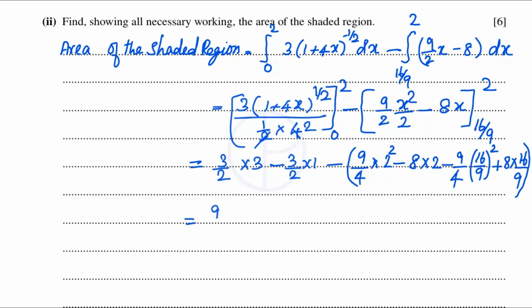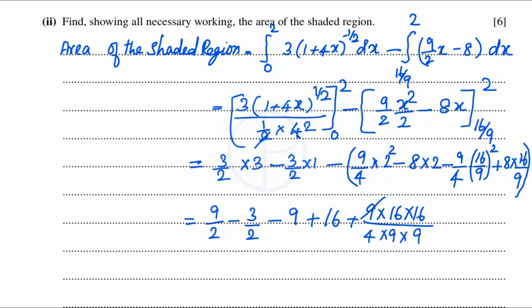So this is nothing but 9 over 2 minus 3 over 2 minus this 4 and 2 over 2 gets cancelled. So 9 plus 16 plus 9 and 9 multiplied by 16 multiplied by 16 divided by 4 multiplied by 9 multiplied by 9. Okay, so these two get cancelled and this goes into this 4 times.